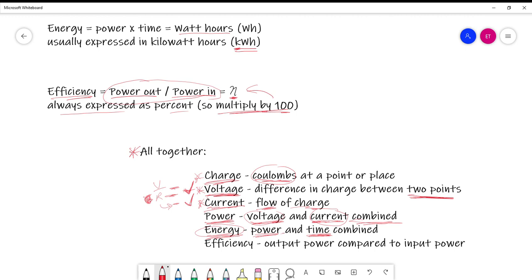And then finally, another one that we learned is the efficiency, and that's really comparing how much, if you put some power in, how much did you get out? Like we said, if you get everything out that you put in, that would be 100%. That's not possible.